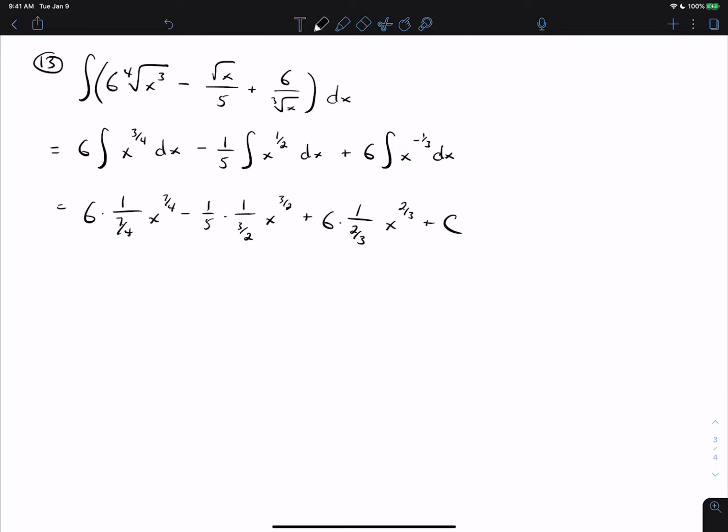We get that by adding 1 to each of the fractions. Simplifying, we get 24 over 7 x to the 7/4 minus 2 over 15 x to the 3/2 plus 18 over 2, which is 9 x to the 2/3 plus c.